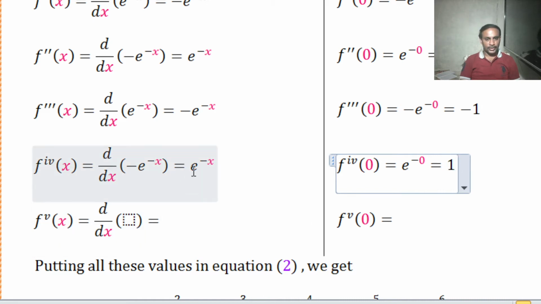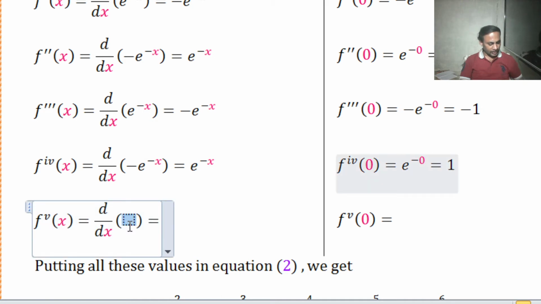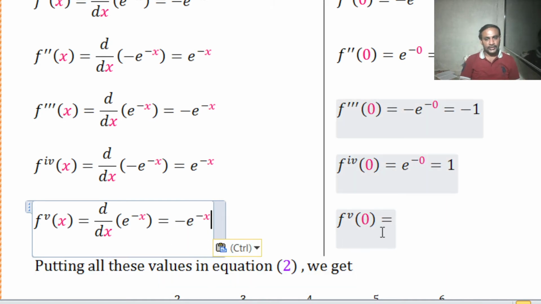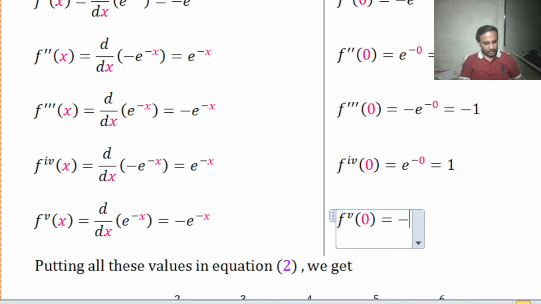Taking the derivative of this fourth derivative gives the fifth derivative, which is minus of e raised to minus x, and after putting x equal to 0 we get minus of e raised to minus 0, which is minus of 1.